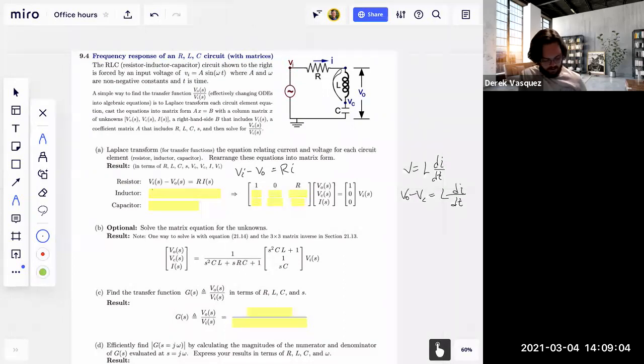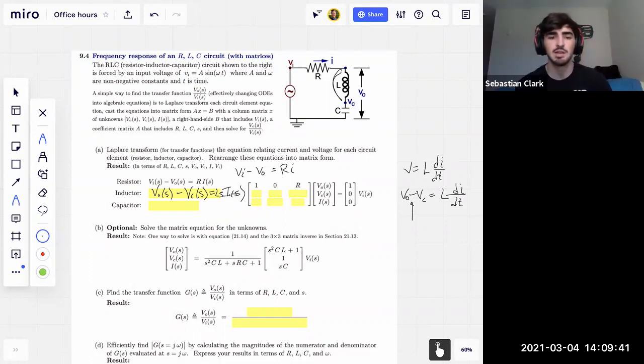We've got capital VO of S minus capital VC of S on the left-hand side. And then you said multiply by S, and that's right. When you have the derivative of a function, L is a constant, and the Laplace transform is S times I of S. That's how you take the Laplace transform of a derivative.